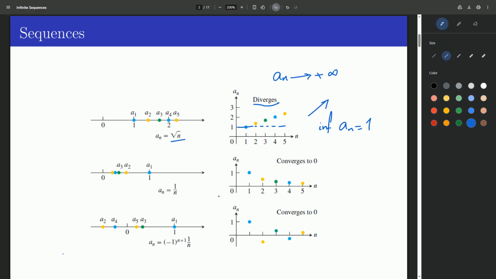In the second example, a_n is 1 over n. Still the terms of the sequence show that the sequence is monotone, but this time it is strictly decreasing. The terms of the sequence are all less than or equal to 1.